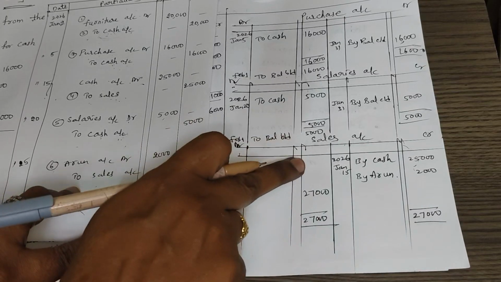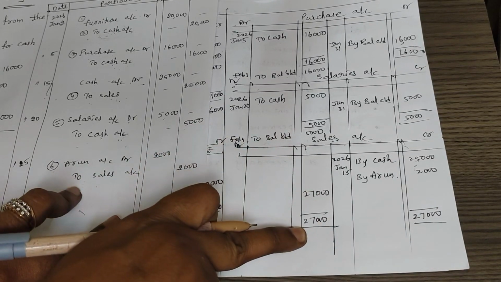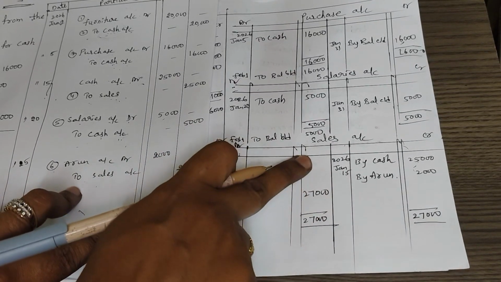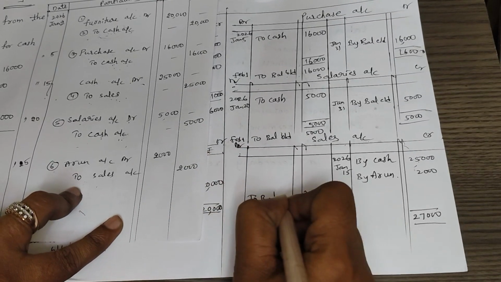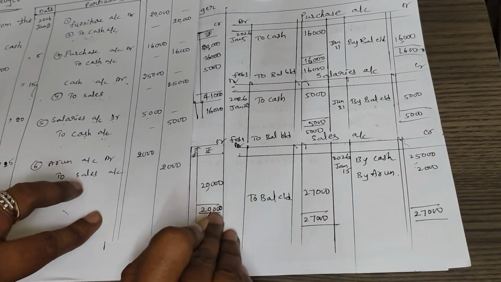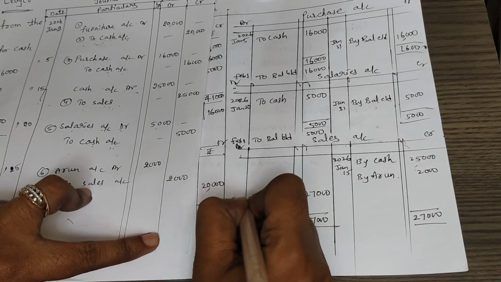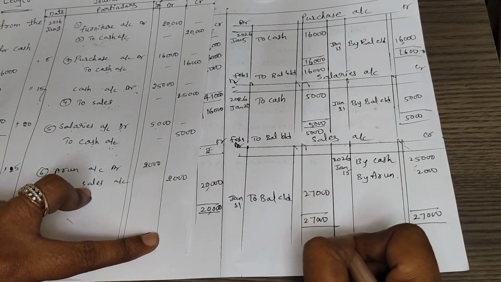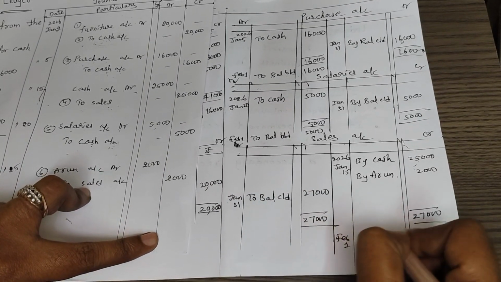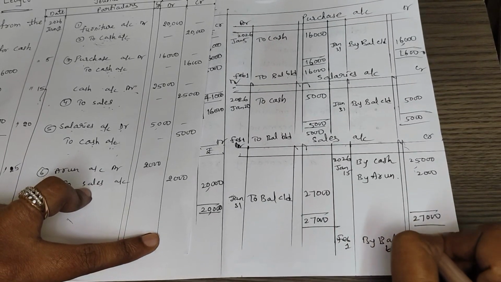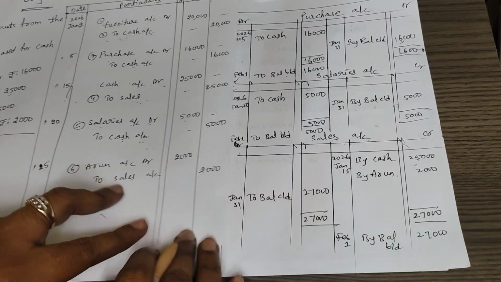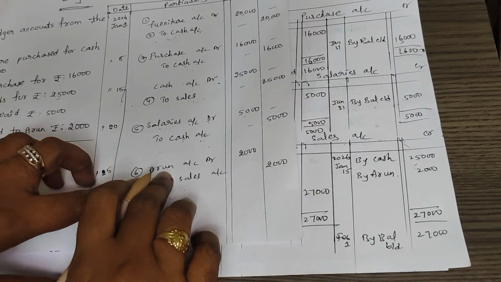If any amount is there, that amount is deducted from the 27,000 and you will get the balancing figure. But there is no amount, so you need to write the same amount. To balance carry down. So date here Jan 31st. Then February 1st, by balance brought down 27,000.